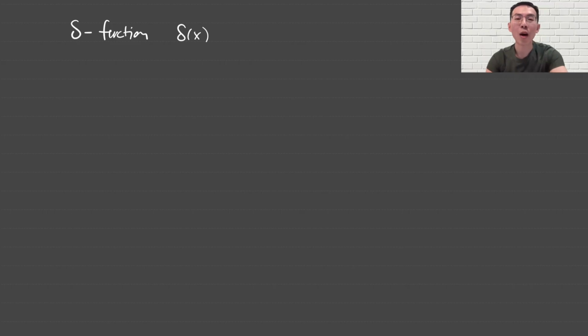One way I'd like to think about the delta function, a very nice way to think about it, is a Gaussian distribution as the variance sigma goes to 0. That's my favorite way to think about it. Let me write it down. Although this way of thinking is a little bit informal, it is a correct way to think about the delta function for sure. So it's a Gaussian as sigma goes to 0.